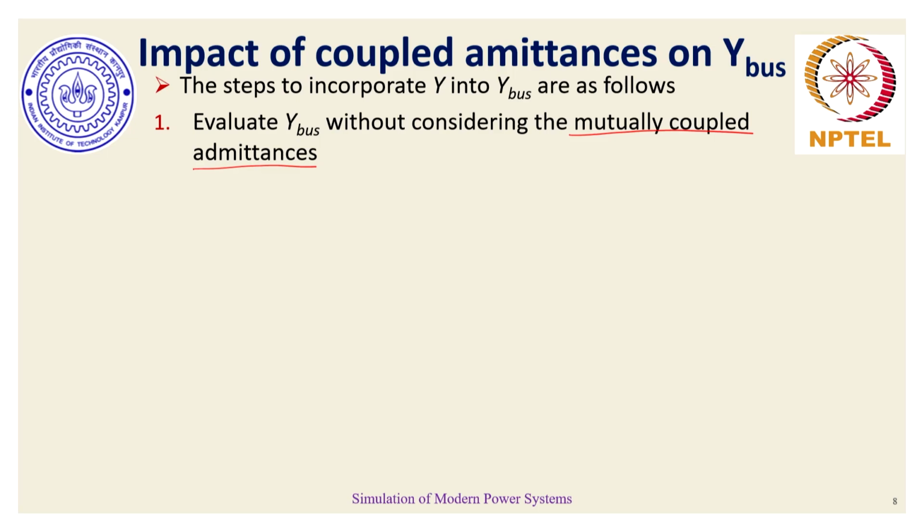There is no presence of mutually coupled impedances. By ignoring them, I mean not just the mutually coupled impedance Zm is to be ignored; Za and Zb, the actual line impedances that we saw in the previous few slides, also have to be ignored.